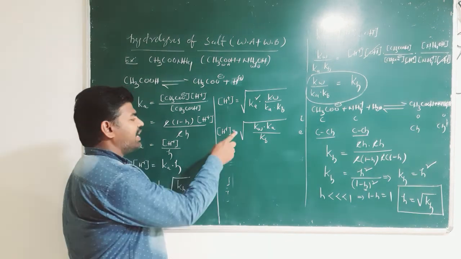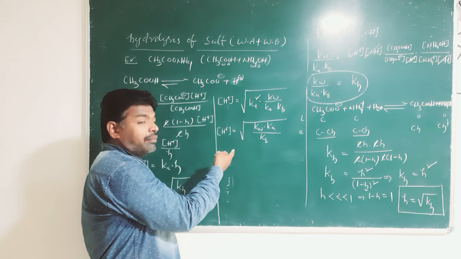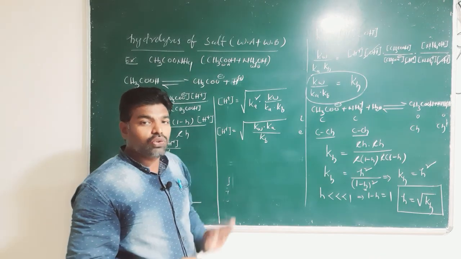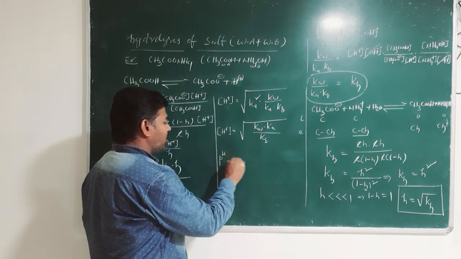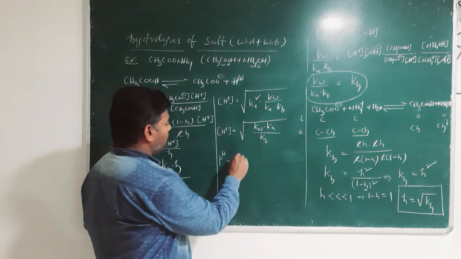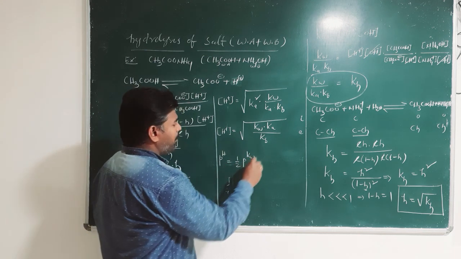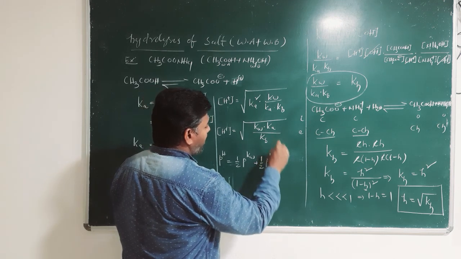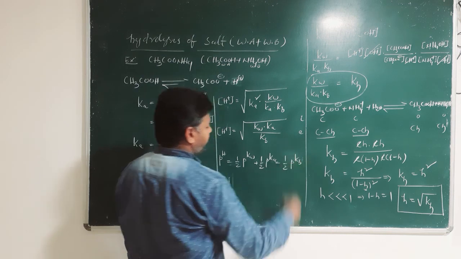From this, when we apply logarithm and then multiply the whole equation with the negative sign, we get the equation: pH is equal to 1 by 2 pKw plus 1 by 2 pKa minus 1 by 2 pKb.